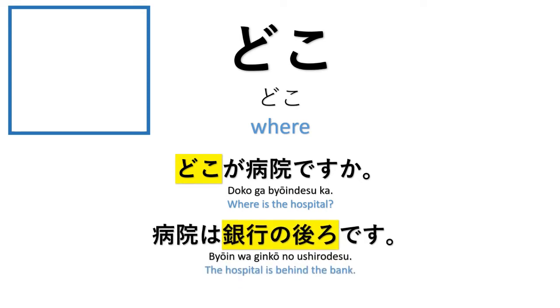Okay, so when we answer 病院は as for the hospital, 銀行の後ろです。So, 銀行の後ろ means behind the bank. 病院は銀行の後ろです。Or 病院が is also acceptable. The hospital is behind the bank.